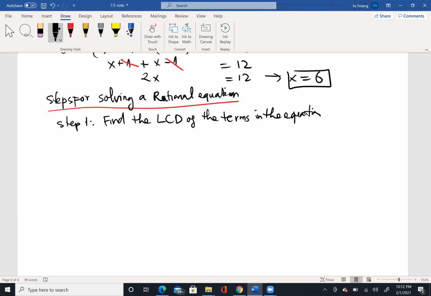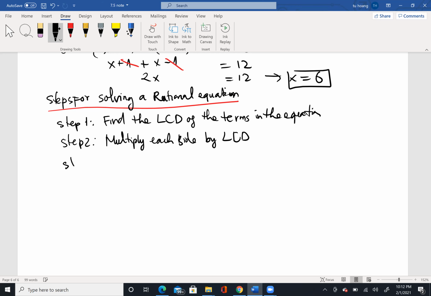Second, step 2: you're going to multiply both sides, or each side, by the LCD.